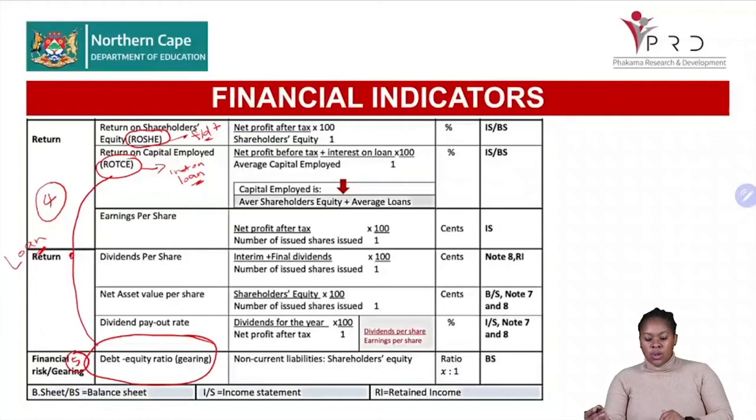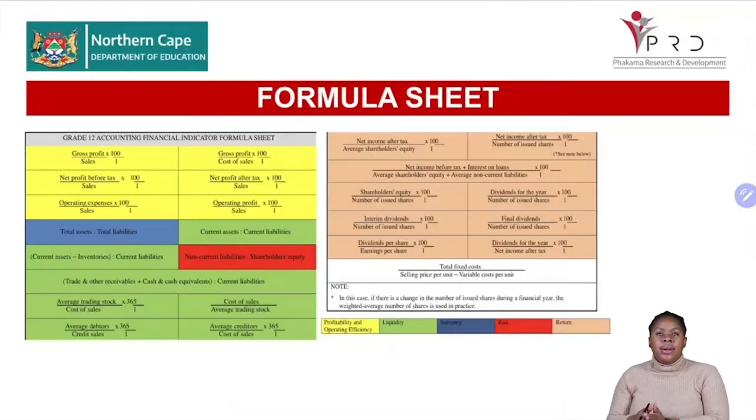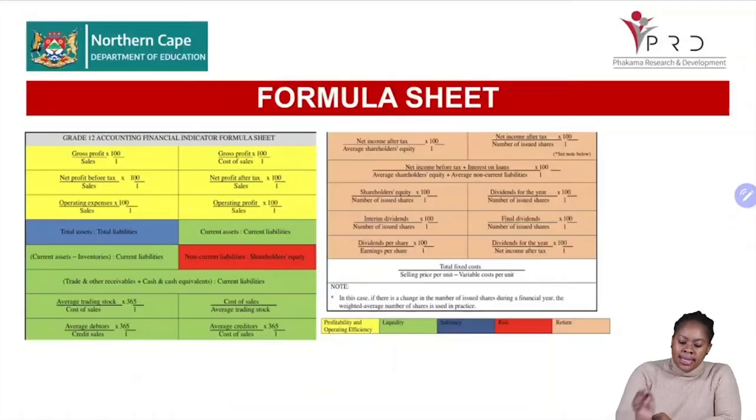So most importantly, you need to know your formula sheet and not just necessarily be familiar with it. You need to know exactly where to look for the financial indicators. We've highlighted that the yellow, meaning the top part of your formula sheet, is our profitability.